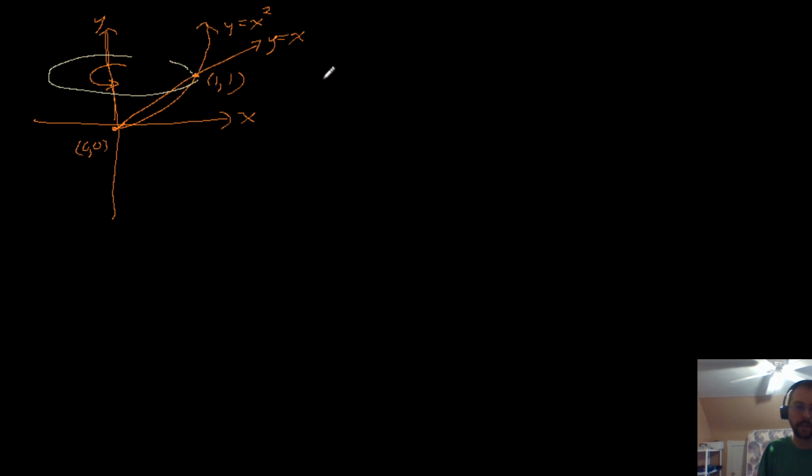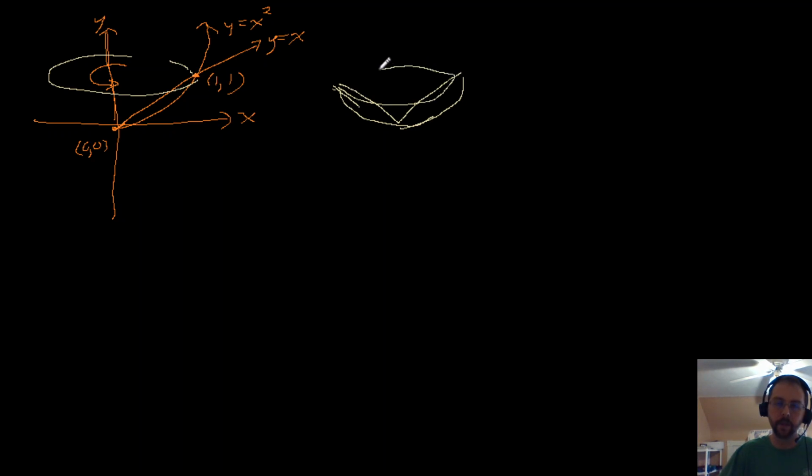And if I try to sketch it, the inner part will sort of look like this, and then the outer part will look like this, except it's going to be that shape rotated all the way around. I can't really sketch that very well, but hopefully that gives a sense of what it's going to look like. The outer side will be this smooth curve, and the inner side will be this flat shape.